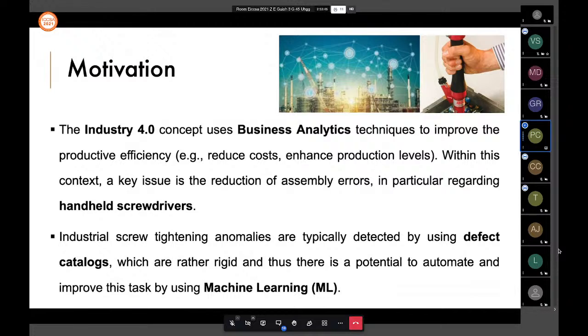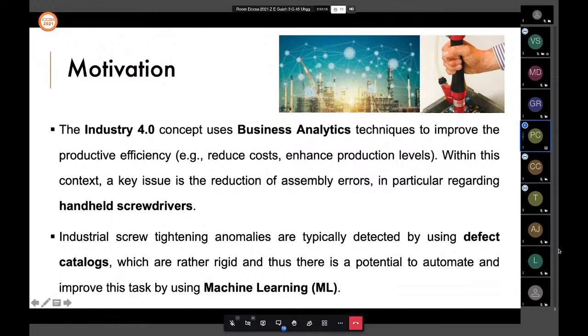And these handheld drivers are kind of automated systems, but they work with a human operator. After finishing the screw cycle, the operator needs an immediate response to know if the screw was correct or not. Currently, the company uses a very simple, rather static system that is based on defect catalogs.